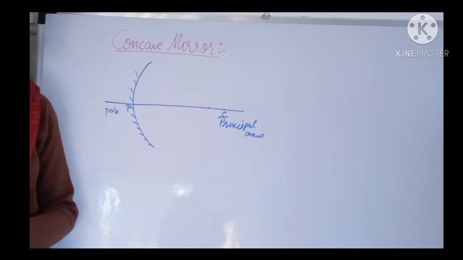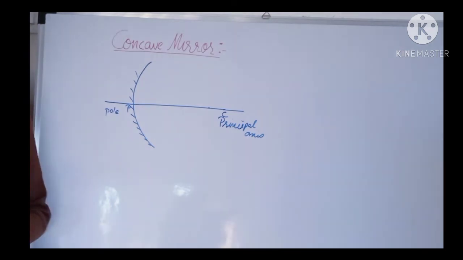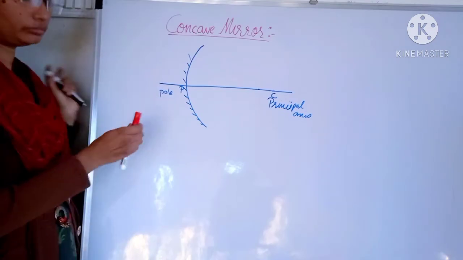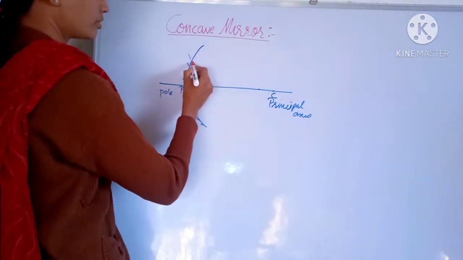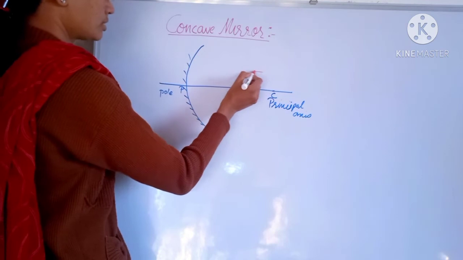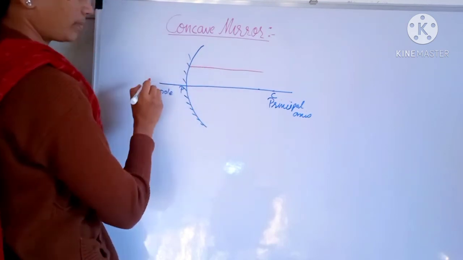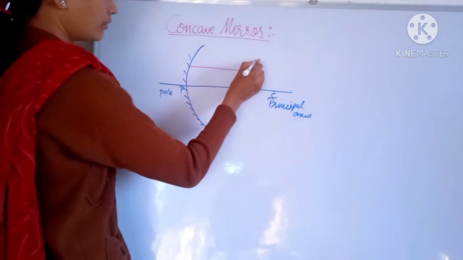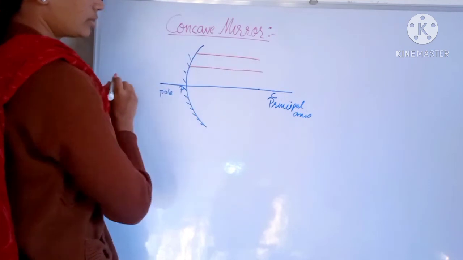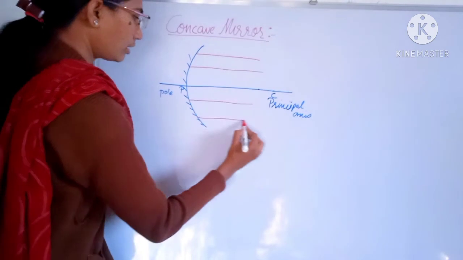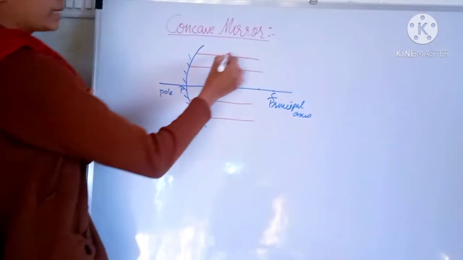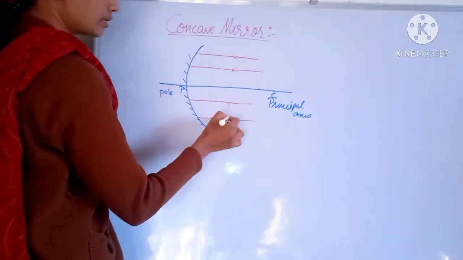Now students, let's see how the incident rays which are parallel are going to reflect through the concave mirror. Suppose this is the first incident ray. We will take one more incident ray in this way which is parallel, and like this. So these are all parallel incident rays.